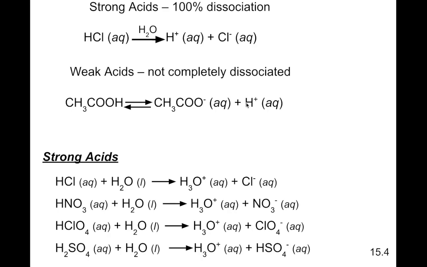So the next time you go to a store, and your parents drag you to some fancy store that has lots of fancy vinegars in it, or just go into your own cabinet, take a look at the back of the vinegar bottle, like the balsamic vinegar bottle, and they may tell you the percentage, and it says usually around 5 or 6%. And that's about the percentage of protons in there, which is why we can drink it and not burn our throats entirely. What are some of the common strong acids?